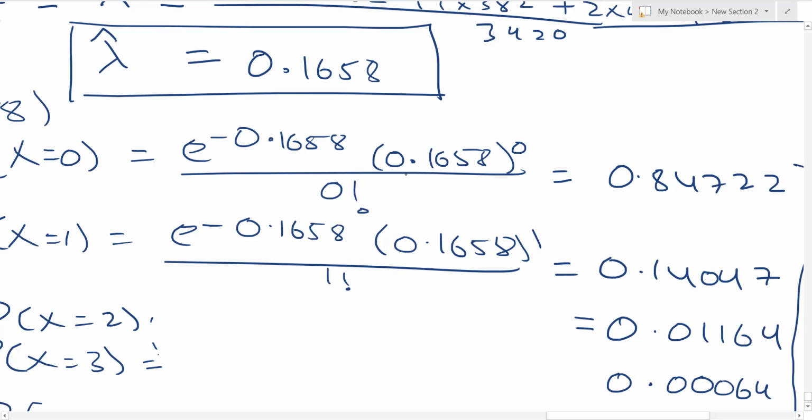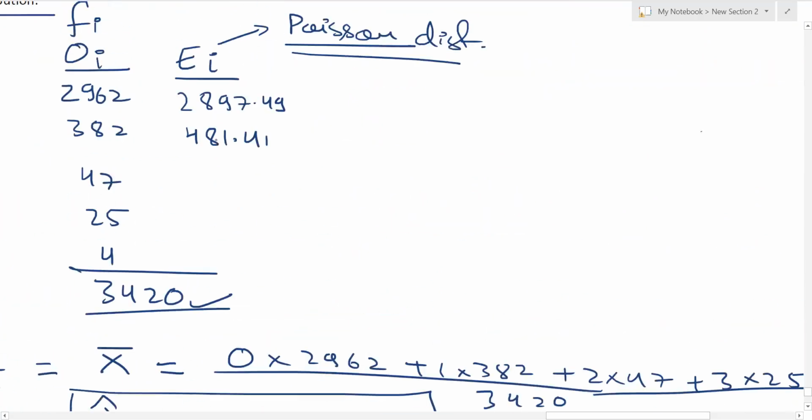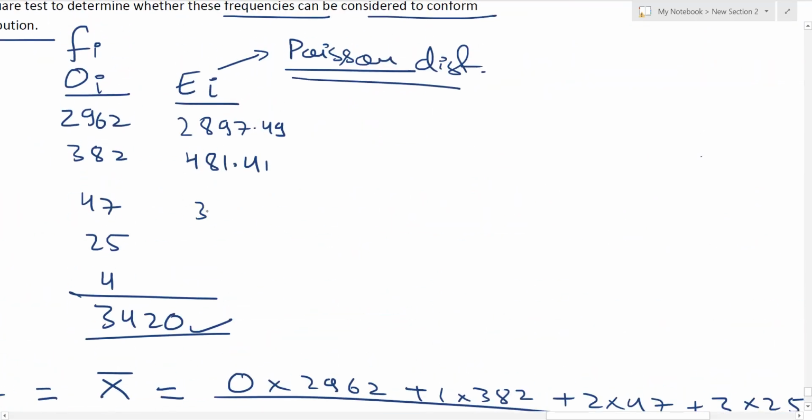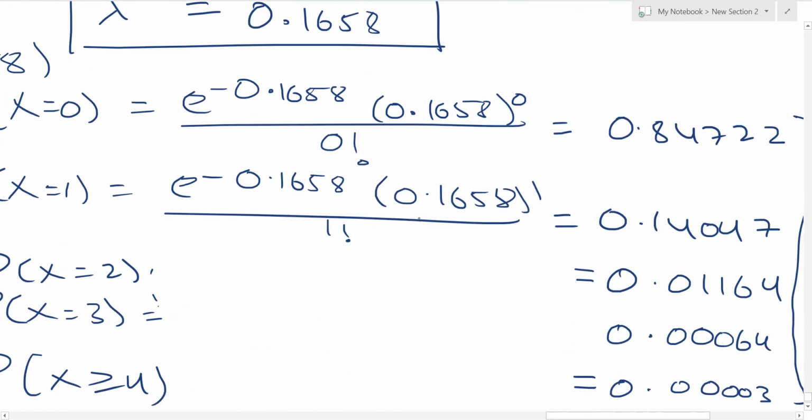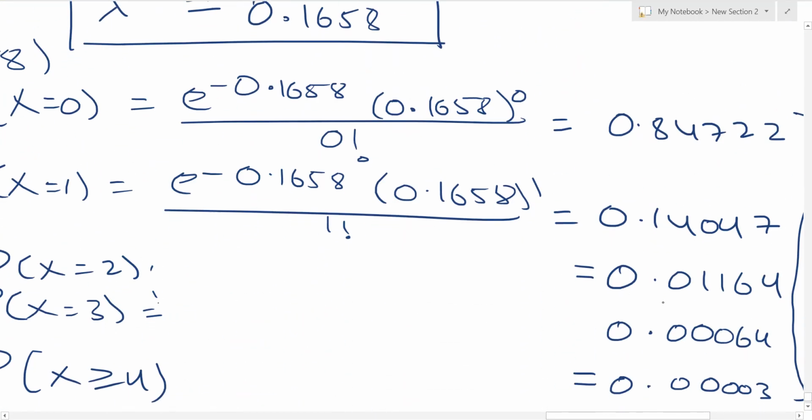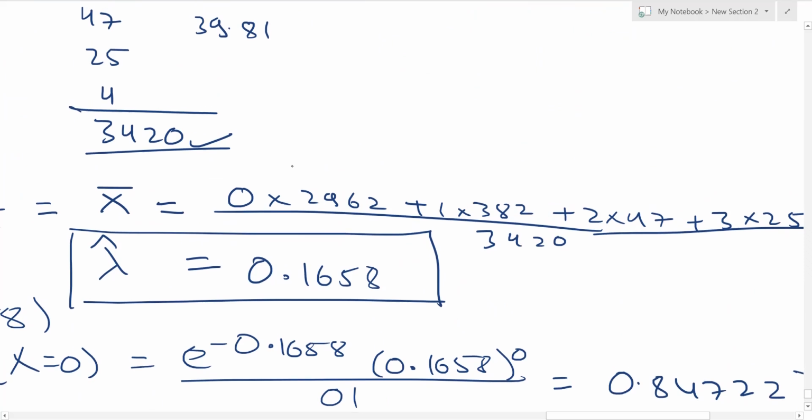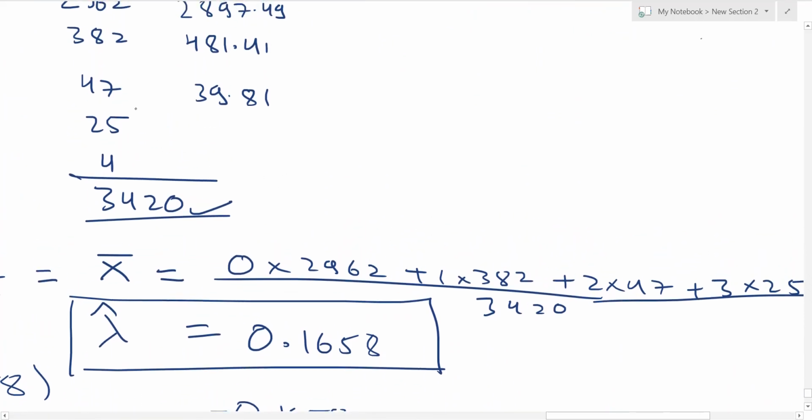Third one, 0.01164, gives 39.81. The next one, 0.00064, will be 2.19.